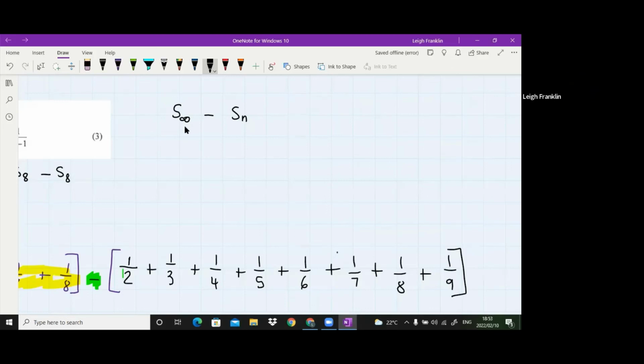They could use a geometric SN and minus an arithmetic SN from it. We're just asking for the difference between two numbers. In this case, there was no formula for SN because there was no ratio and there was no difference.